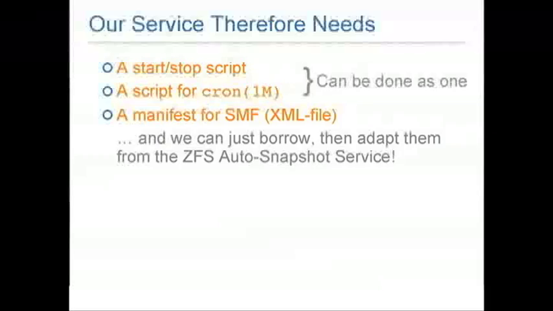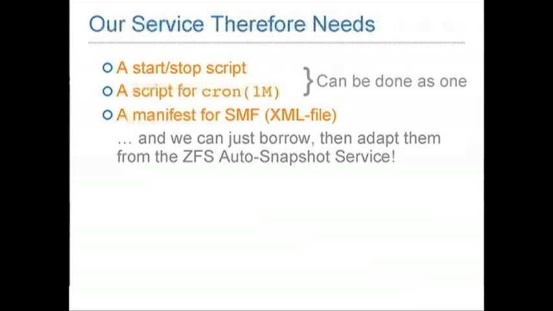Any SMF service needs some sort of script, which is typically a start and stop script. So we need to implement this for our service. And in our special case, we also want to have a cron job running from cron that does all the real work. Then we need a manifest for SMF that describes our service to the system. You can do a little optimization here.